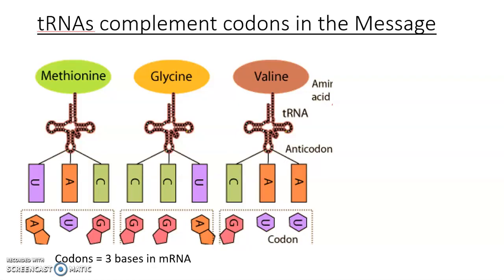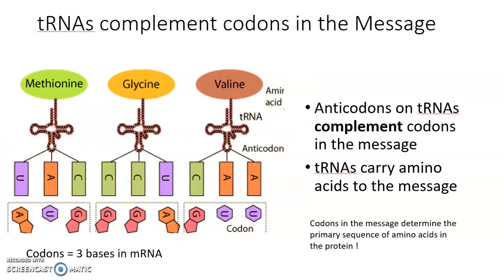The message that is encoded in that messenger RNA, all of the words are 3 bases long, and they're known as codons. These codons are going to match or complement the anticodons in your tRNAs. Those tRNAs are going to be able to bind, or form hydrogen bonds, with the codons in your message, and the tRNAs are carrying those amino acids.